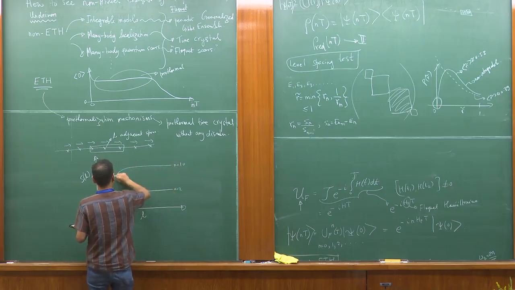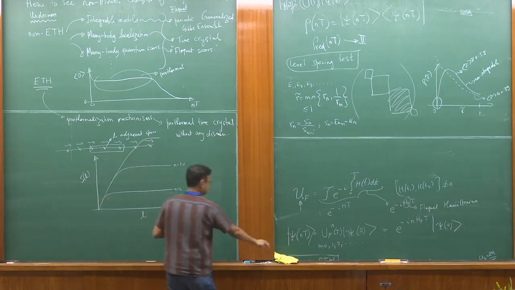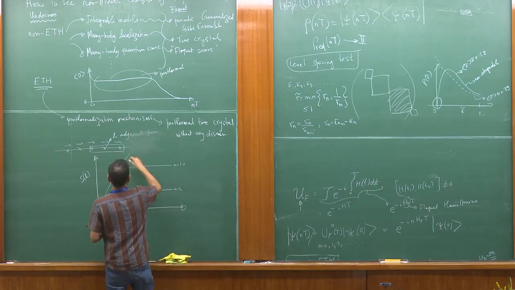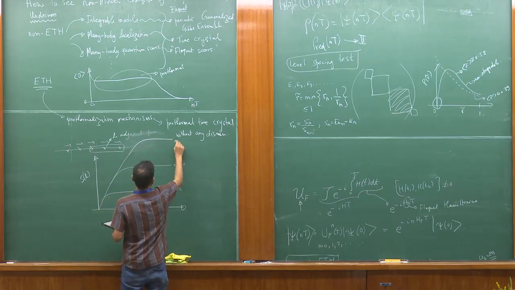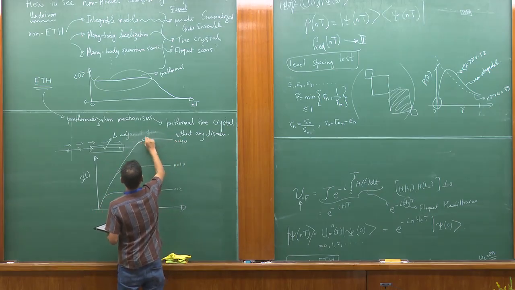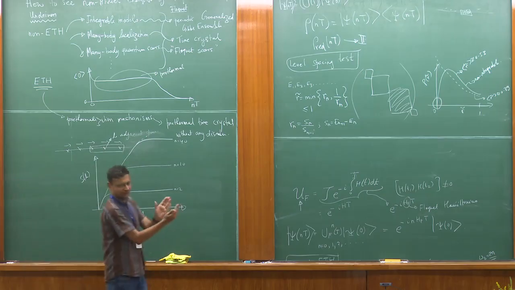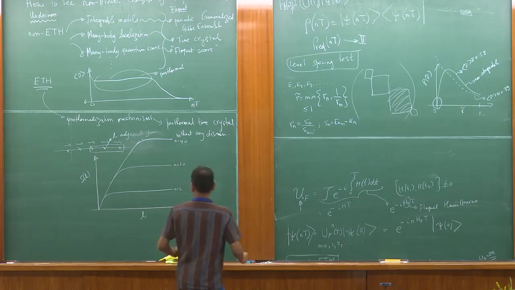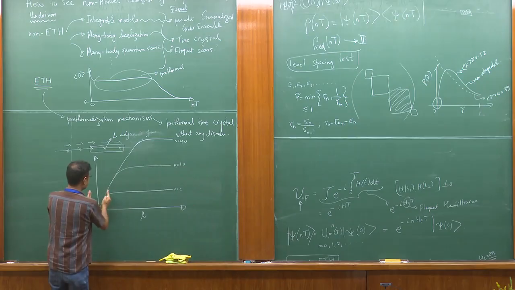Maybe for n equal to 40, and so on. So an important thing comes up here. Suppose you look at it for n equal to 2. That means you have acted the unitary on it for 2 complete cycles.